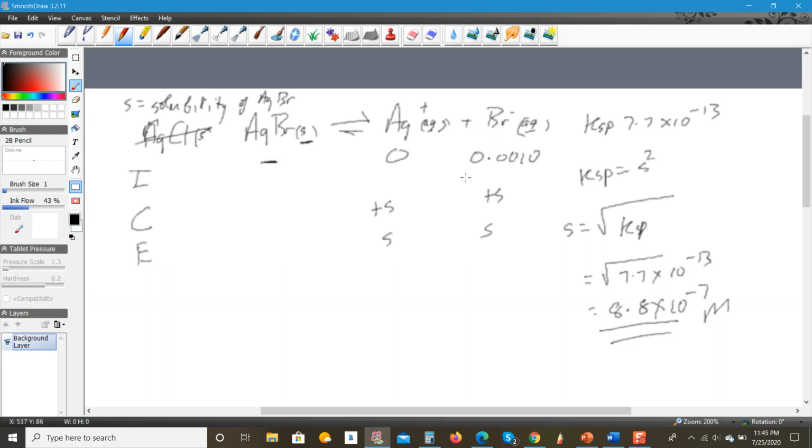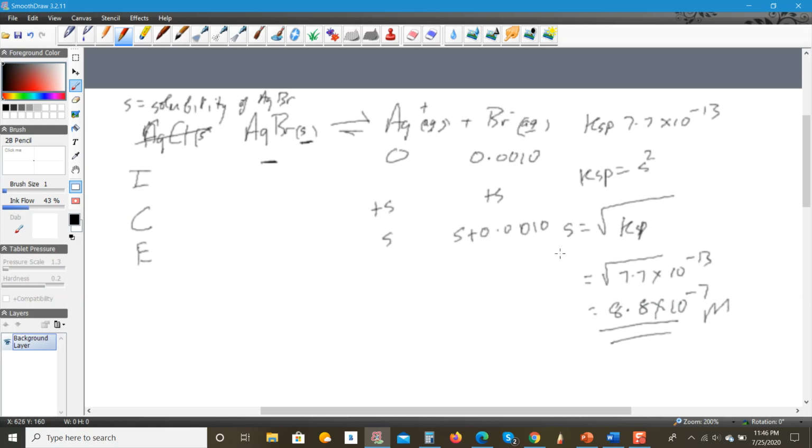So that changes things a bit because now down here, as far as the bromide ion is concerned, its concentration at equilibrium is going to be S plus 0.0010.